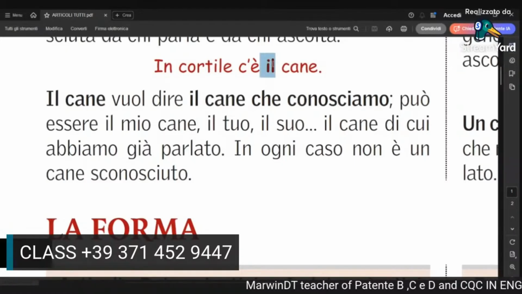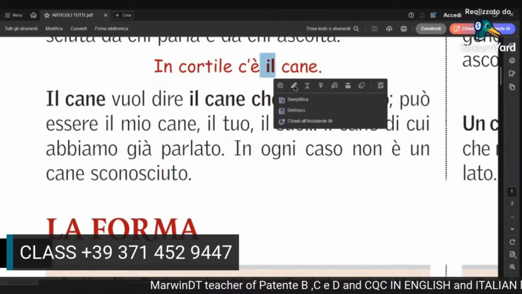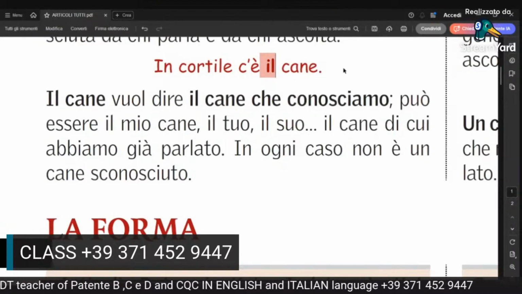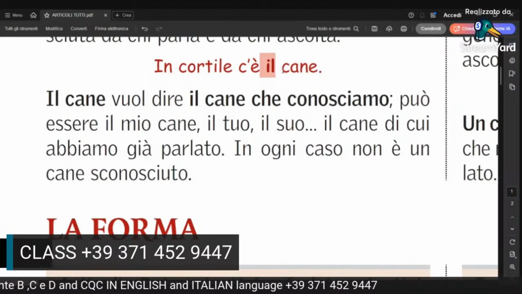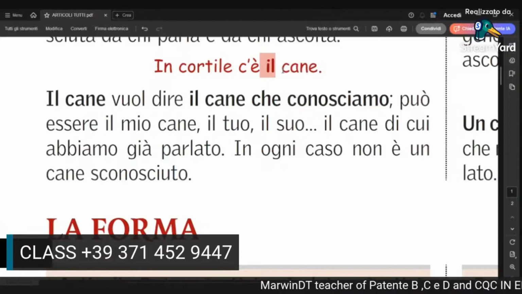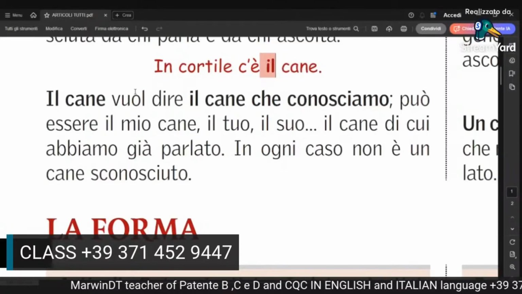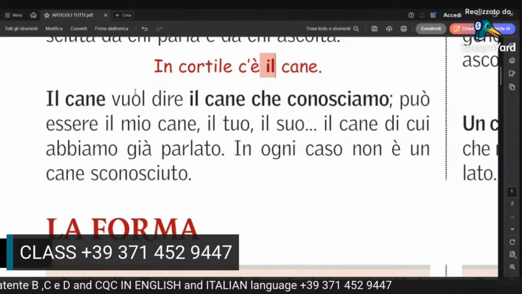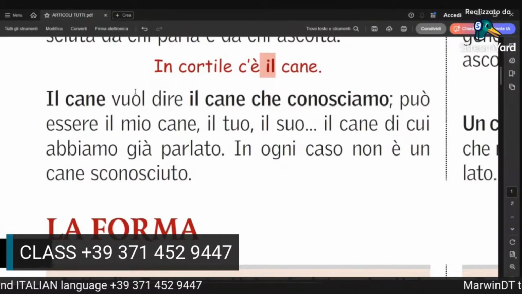So the article is the il. Cane means dog. So as we move forward, we will get more details. When we have positioned the article, then we can position the name or the word in the sentence for it to make sense.